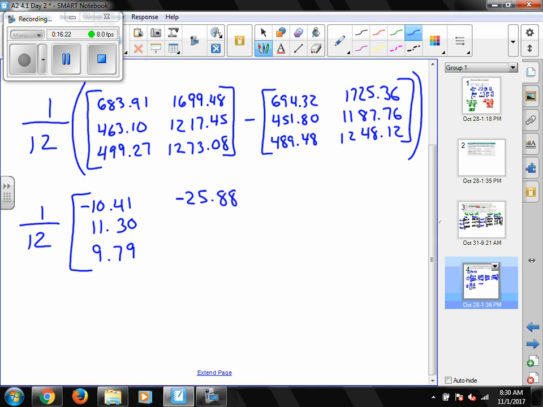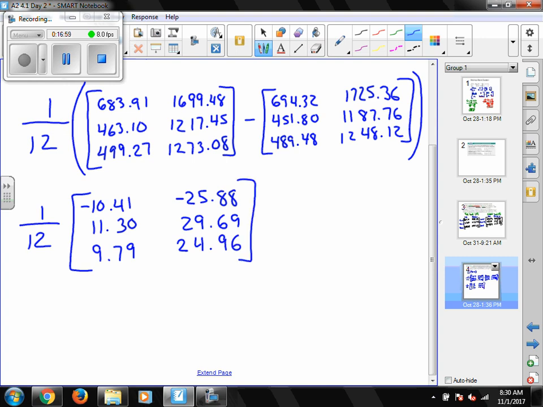I got that from subtracting 1725.36 from 1699.48. Take 1217.45 minus 1187.76, and that's going to give us 29.69. And I subtract the bottom right in these two matrices, and I'm going to get 24.96.